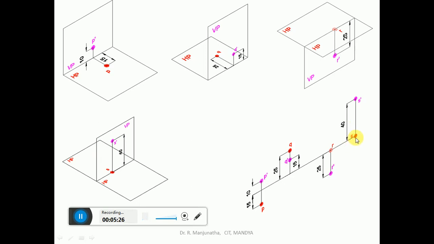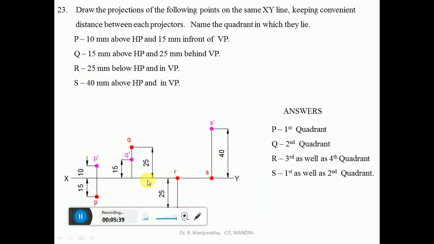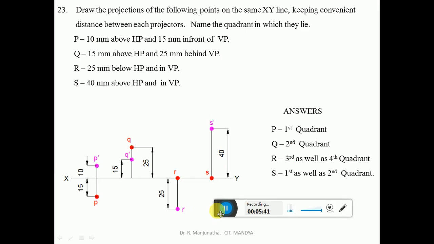Therefore this point capital S lies in first as well as second quadrant. So this will be the analysis, and whatever we have here, the same thing will be there in this final solution. So this and that will remain the same, and this will be the final answer.